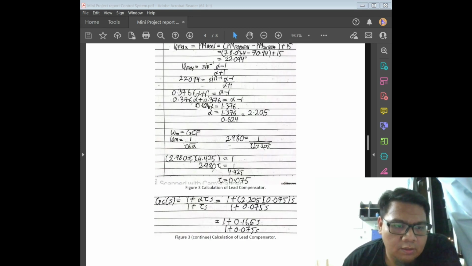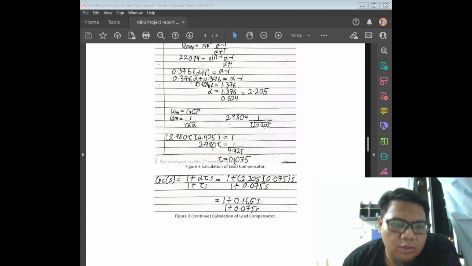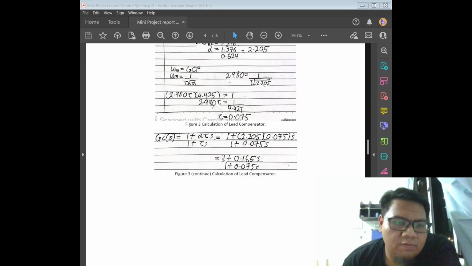Then after solving the equation, we get tau. The tau is 0.075. For the GC(s), the equation is 1 plus alpha tau s over 1 plus tau s.